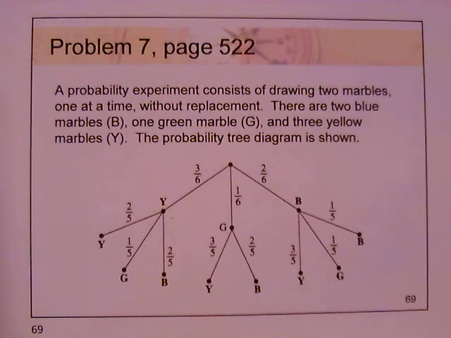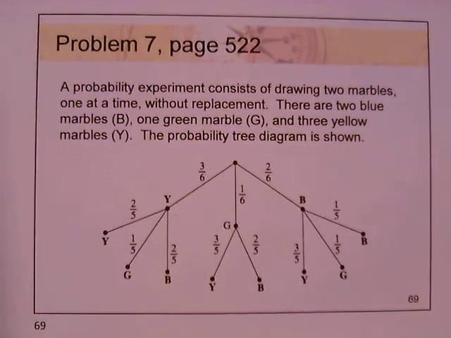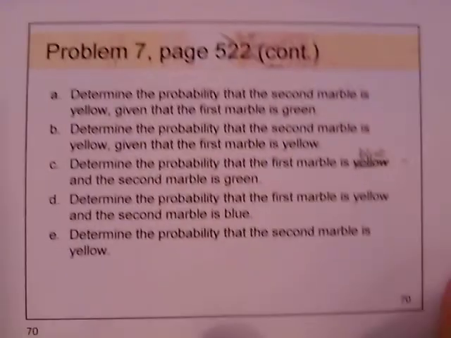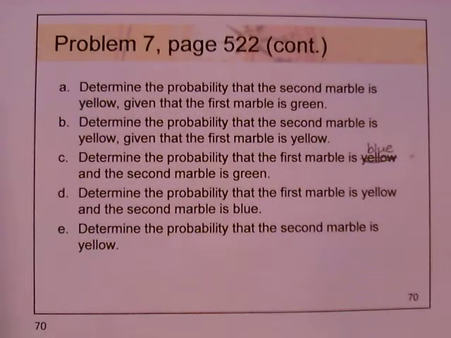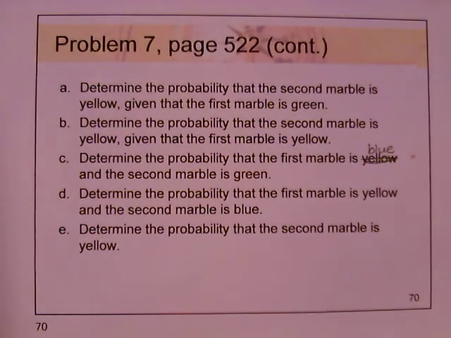Okay. Now, on the next slide are just going to be a few problems that we will look at here for those tree diagrams. Here we're going to determine the probability that the second marble is yellow, given that the first marble is green.